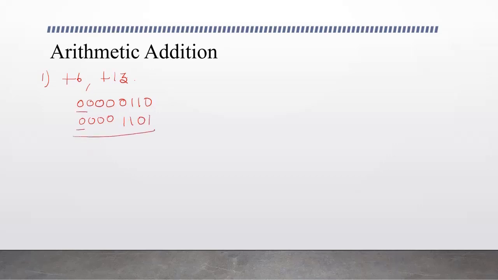Here the most significant bit is the sign bit. As the numbers are positive here, the sign bits are 0. And when we add this, binary addition, 0 plus 1 is 1, 1. 1 plus 1 is 1, 0. 1 plus 1 is again 1, 0. 1, 0, 0, 0. So this is plus 6 plus 13. The result after addition is 0, 0, 0, 1, 0, 0, 1, 1.